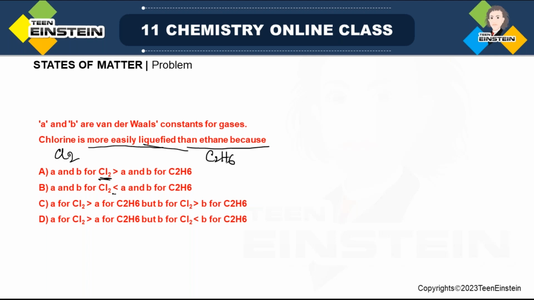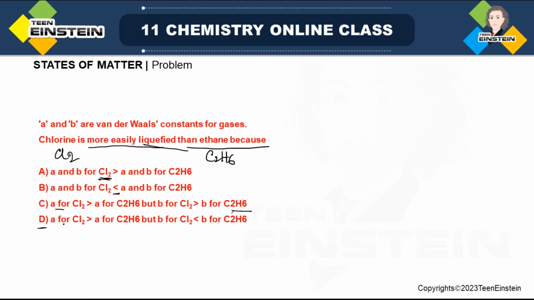Then option B says it is less. Option C says that A is greater for chlorine but B is greater for C2H6, and in case of D it is the reverse statement. Now which one of these will be correct, that we have to understand.